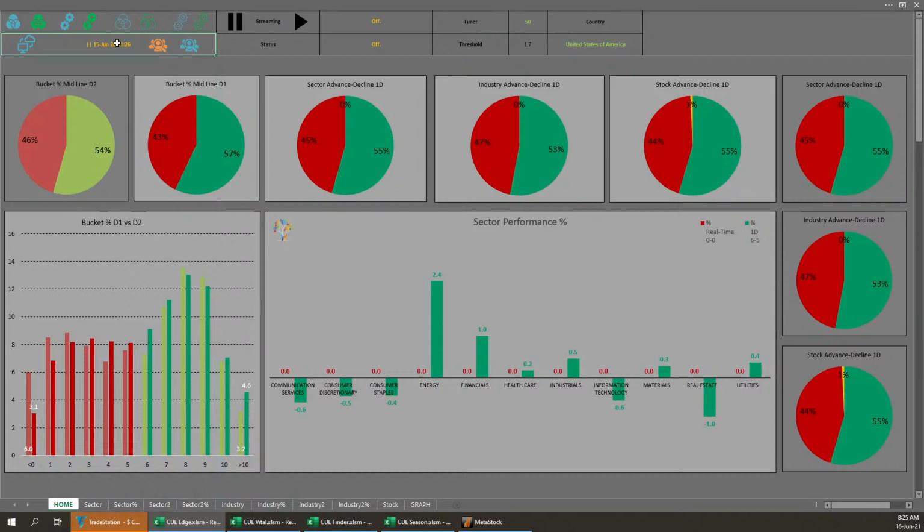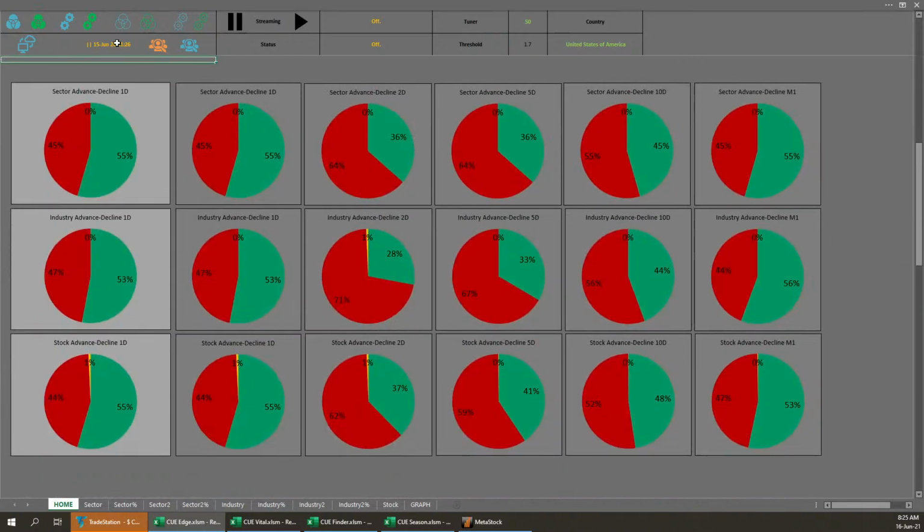However, if we look at the 1 month to 1 day sector, industry, stock advance decline. In the last webinar also I mentioned that though at that time the 1 day was very bullish, the 2 day and 5 day were not looking as bullish as one would expect looking at SPY making new all-time high.